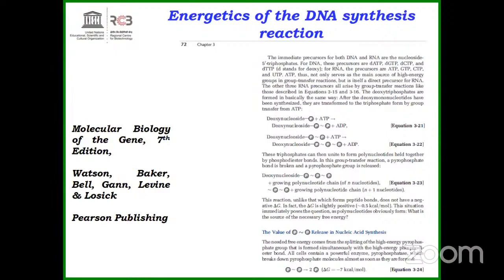So why is it that polymerases, instead of synthesizing DNA, don't degrade DNA? You never see them degrading DNA. The reason given in the textbooks is that pyrophosphatase will hydrolyze the pyrophosphate moiety, and together these two reactions will have a highly negative free energy change, and that will ensure that it always moves in the forward direction.